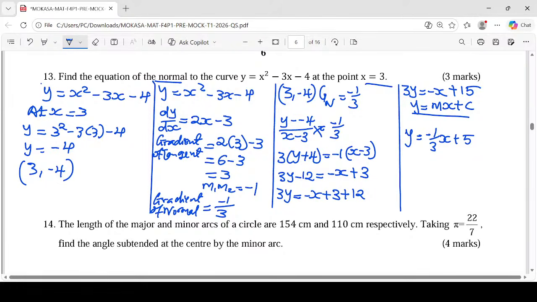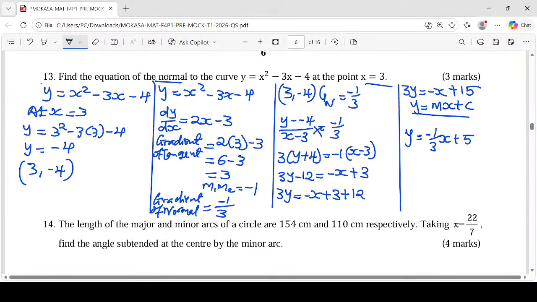I hope the point is at home. It is my hope that everything here has been well broken down. So -1/3 x plus 5 is the answer to that particular question number 13 of this paper.